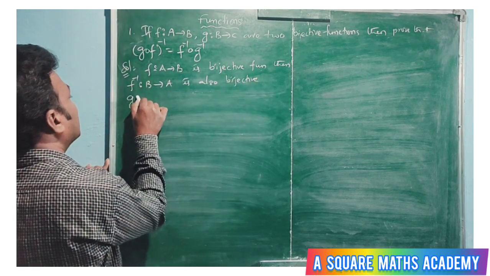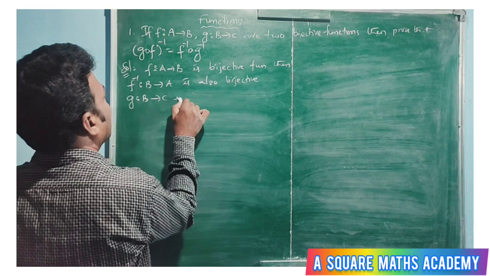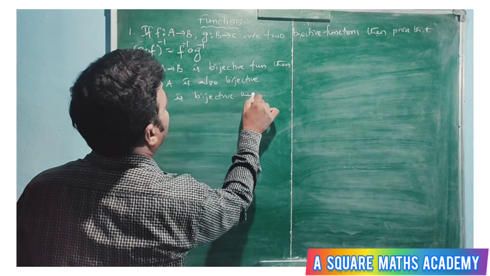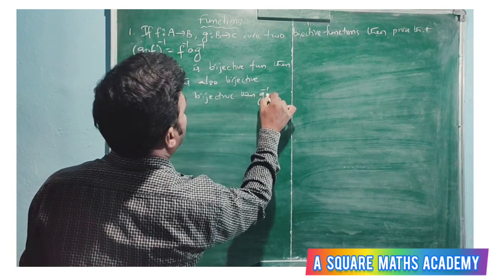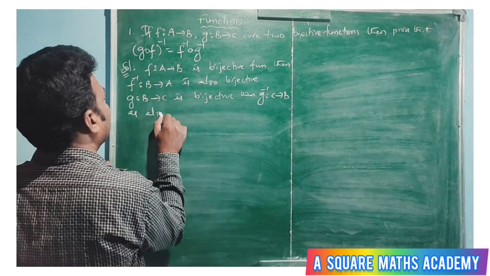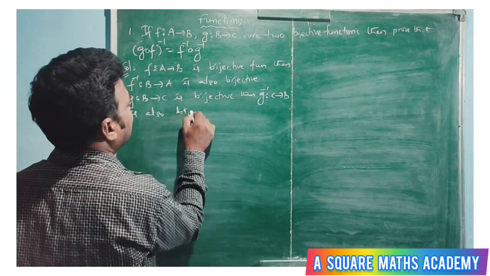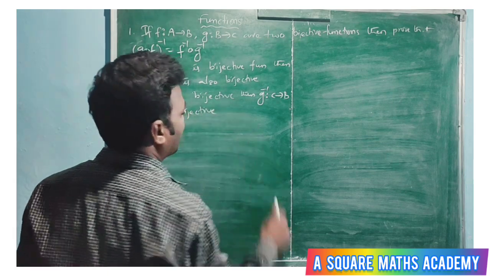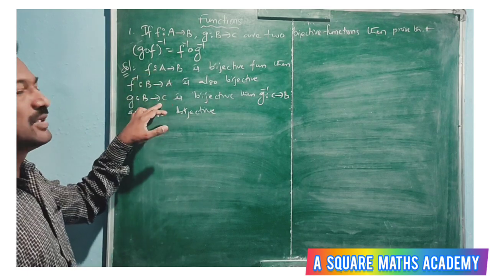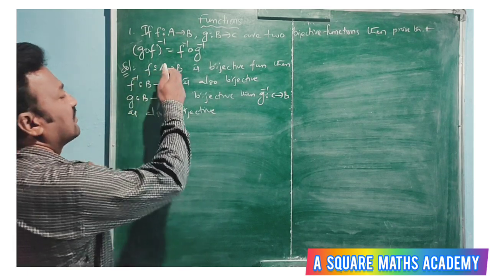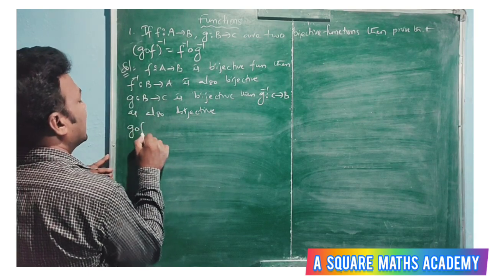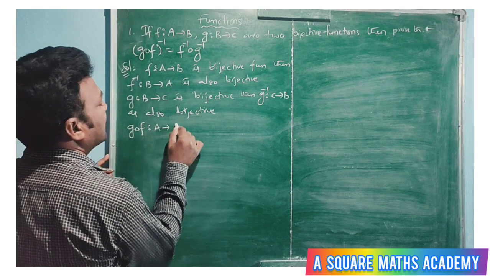Same as this, G from B to C is bijective, then G inverse from C to B is also a bijective function. Okay. So next, then after we write here F from A to B, G from B to C are bijective functions. Then the combination of these two functions, we know that already from the first theorem, G circle F from A to C is also bijective.